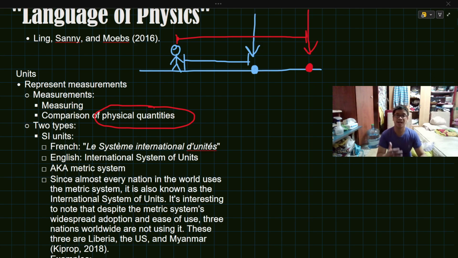Because it's actually abbreviated from its French translation. Before I proceed to pronouncing the French translation, please forgive me if my pronunciation is wrong. In French, it's Le Système International d'Unités. So yeah, also known as the metric system.